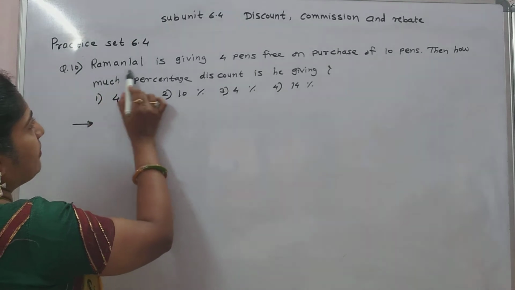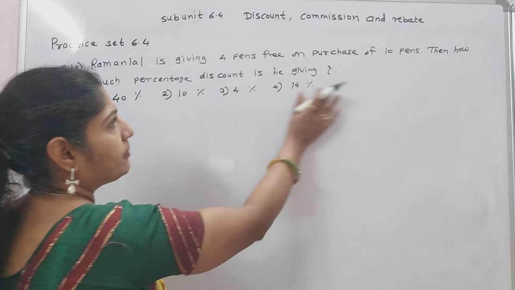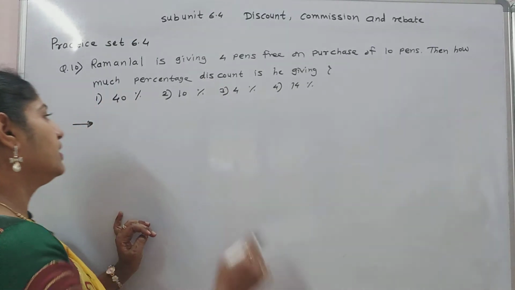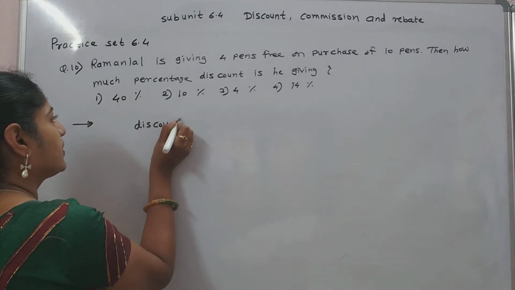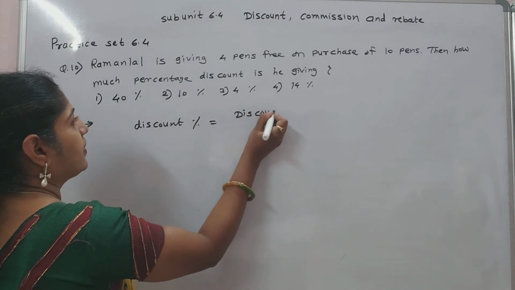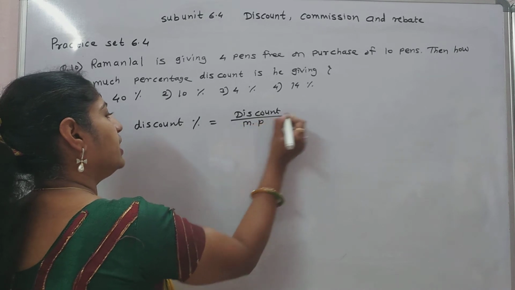Question number 10. Ramlal is giving 4 pens free on purchase of 10 pens. Then how much percentage discount is he giving? Percentage of discount equals discount upon mark price into 100.